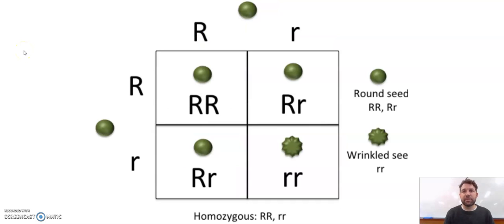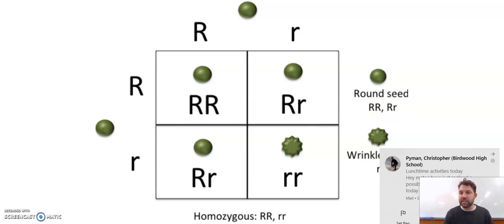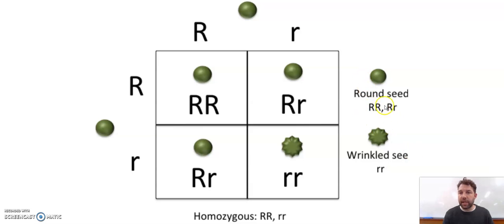Lastly, to calculate these percentages, we use something called a Punnett square. So round seeds here for pea seeds could have big R, big R. We call that homozygous because they have both dominant, both the same, or heterozygous, one dominant, one recessive.